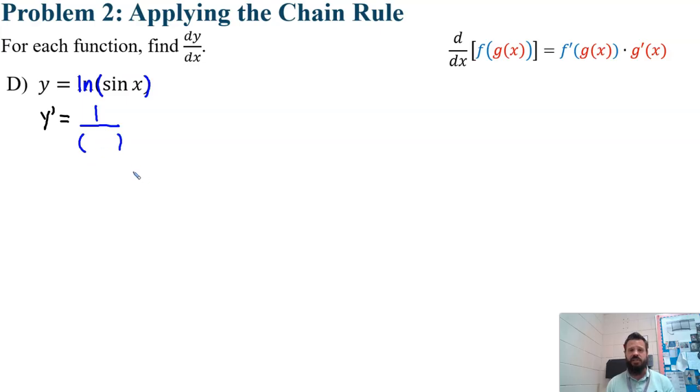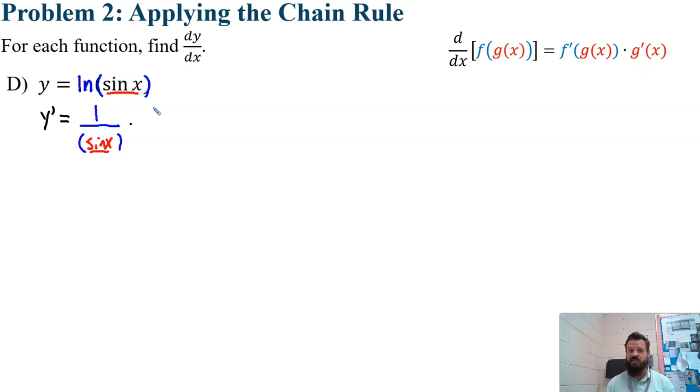Probably don't need the parentheses, but not a bad habit to be in. So the derivative of the outer function with the inner function plugged into it: in place of that x here, we'll put that inner function, that sine of x. And then just times at the end the derivative of the inner function.